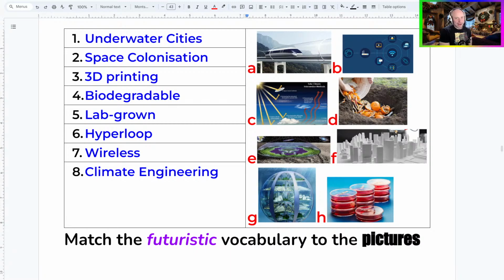B, wireless. C, climate engineering. D, biodegradable. E, space colonization. F, 3D printing. G, underwater cities. And H, lab grown.